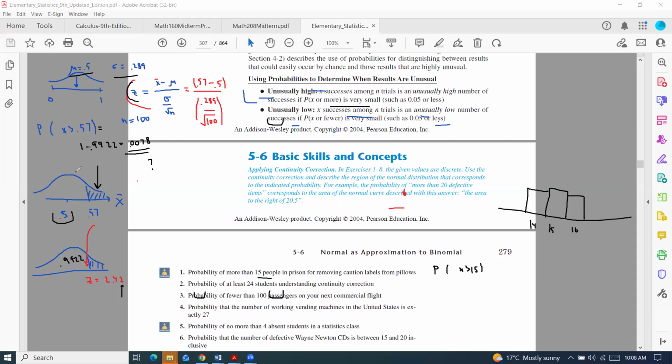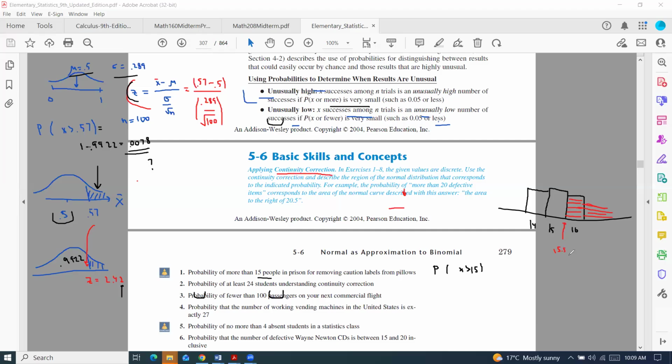We can have either 15 or 16, which is larger, or 17, and so forth. So more means to the right. And it turns out the number that I need is going to be in between 15 and 16, which is 15.5. And that's what's called continuity correction.